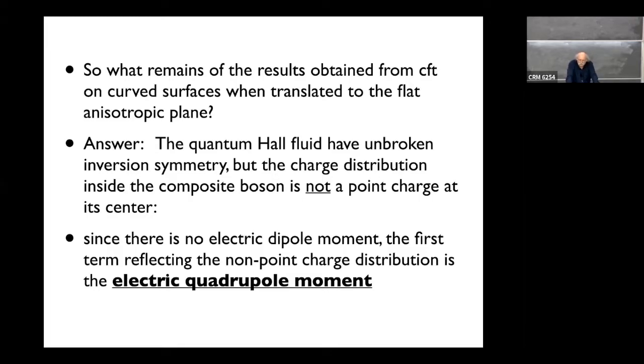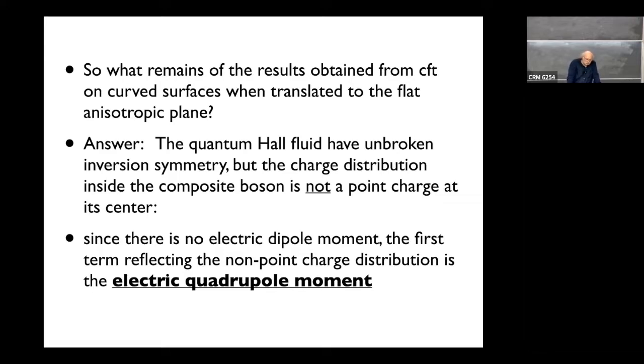So the basic point is that the quantum Hall fluid, the elementary little droplets of the fluid, the elementary units, have unbroken inversion symmetry, but the distribution of charge inside the composite boson is not a point at the center.